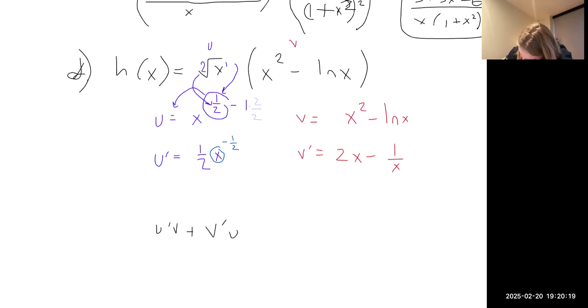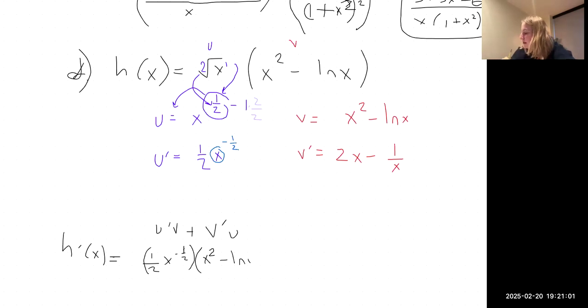So I say H prime equals 1/2 x to the negative 1/2 times, so put that in parentheses, times V, which is x squared minus ln x.